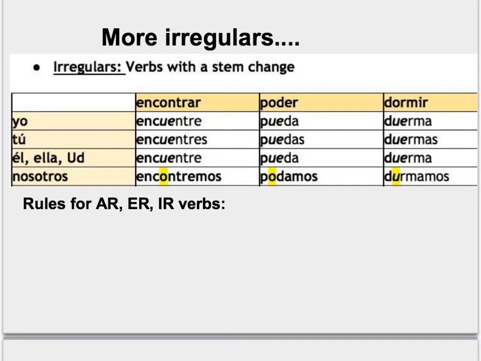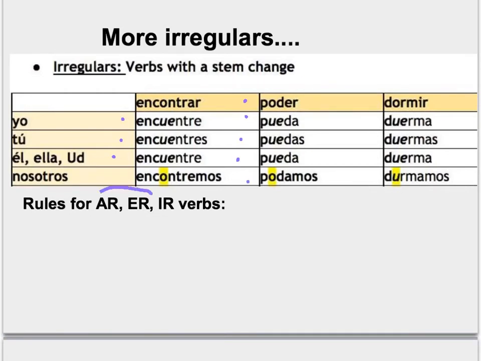All right, for an AR verb, let's take a look. Yo encuentre, tú encuentres, él, ella, usted encuentre, and then nosotros encontremos. Right? Let's look also at an ER verb. Pueda, puedas, pueda, and then podamos.